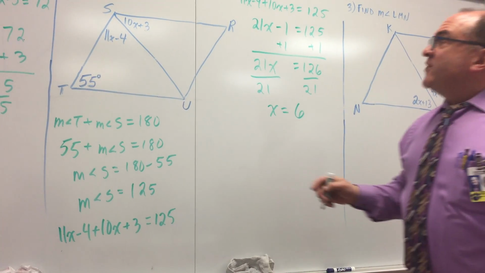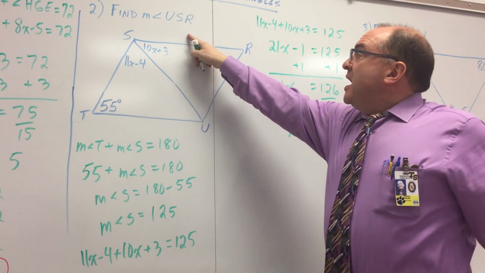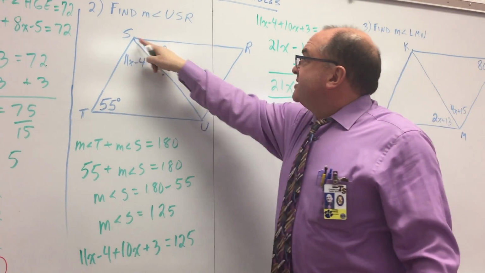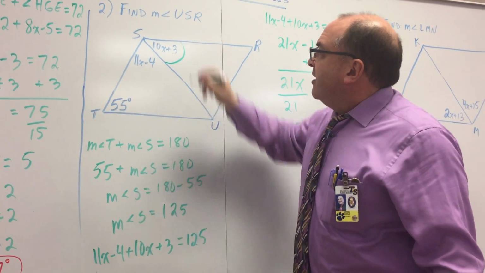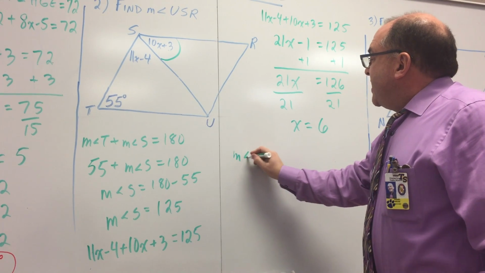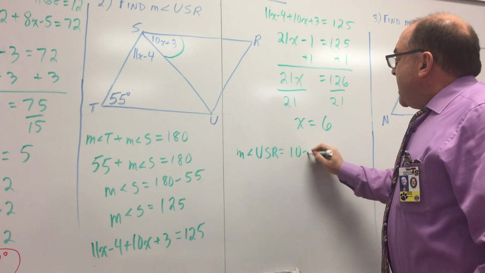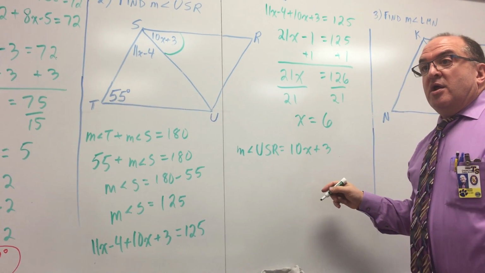Now, what did we want to find? Angle USR. All right, very good. That USR is this angle here, right? We want to find this angle. Measure of angle USR is 10x plus 3. Do we have to write the angle?